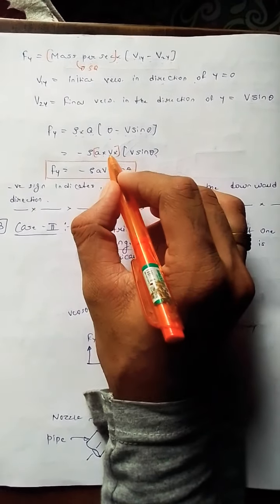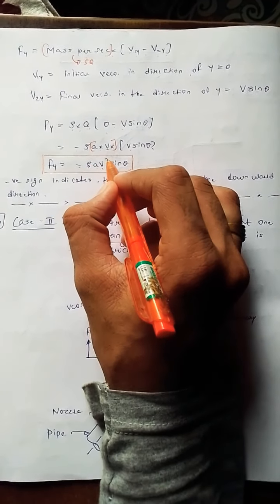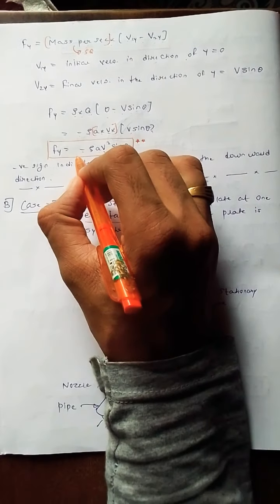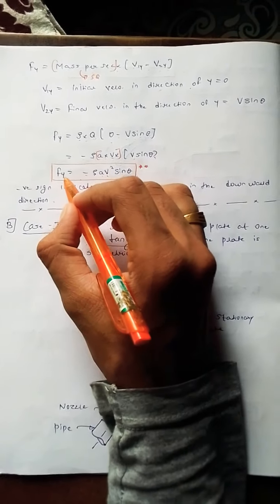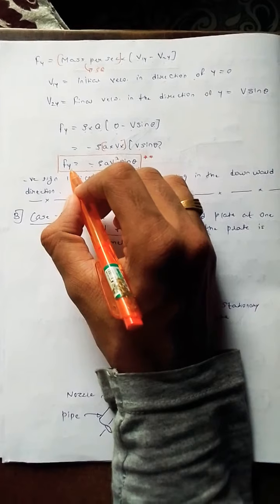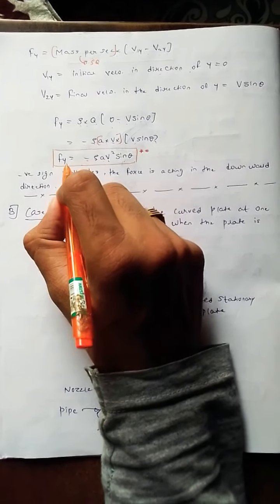So it will be v into v, that is v square, so minus rho A v square into sin theta. So this is the final equation of force exerted by the jet in the direction of y, means in the direction perpendicular to the jet, correct?